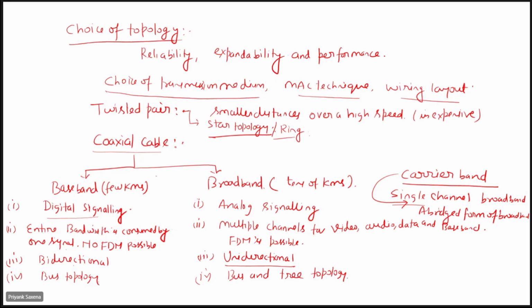If in future the number of users increases, or suppose a company has an extension plan, can the same topology be used further? And regarding performance, if the number of users increases, does the performance of the LAN decrease, or does it remain the same?